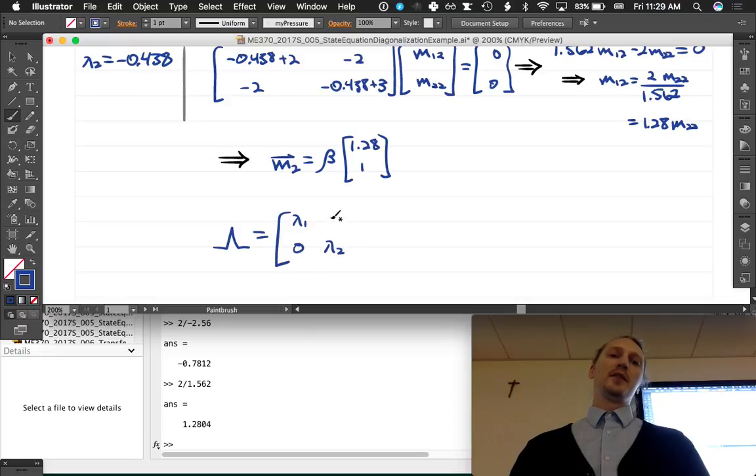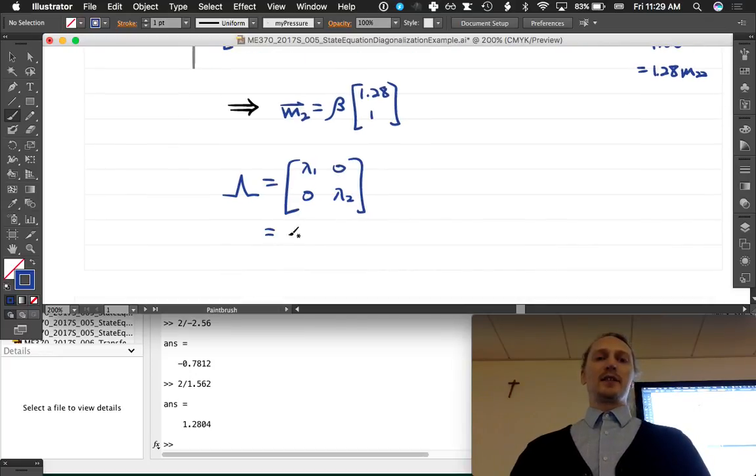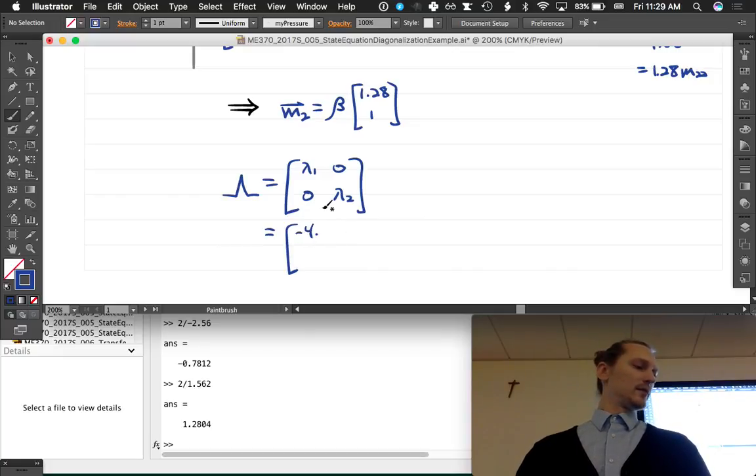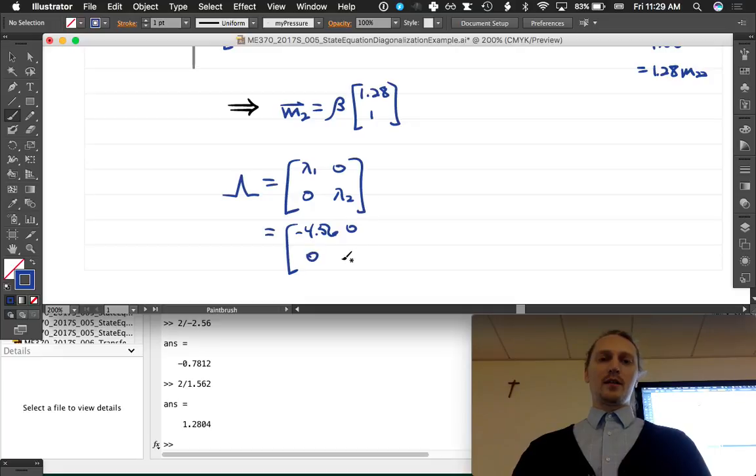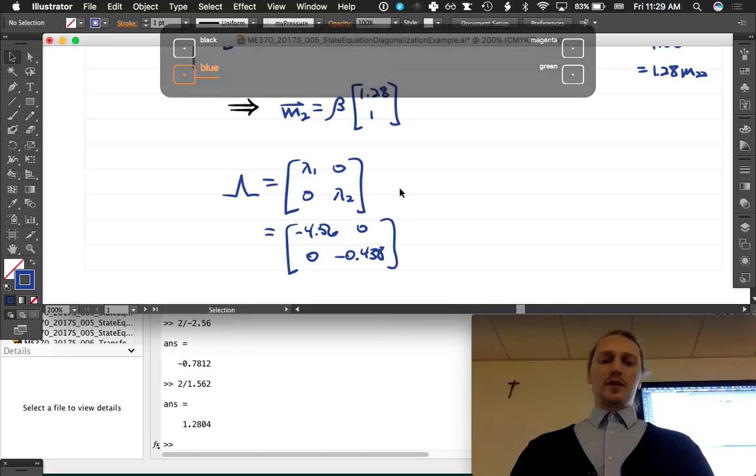Lambda 1, lambda 2, and then zeros elsewhere. So we said that that's going to be negative 4 point something. What is it? 5, 6. 5, 6. And then 0, 0, and then negative 0.438. Sweet. All right, so that is our lambda matrix.